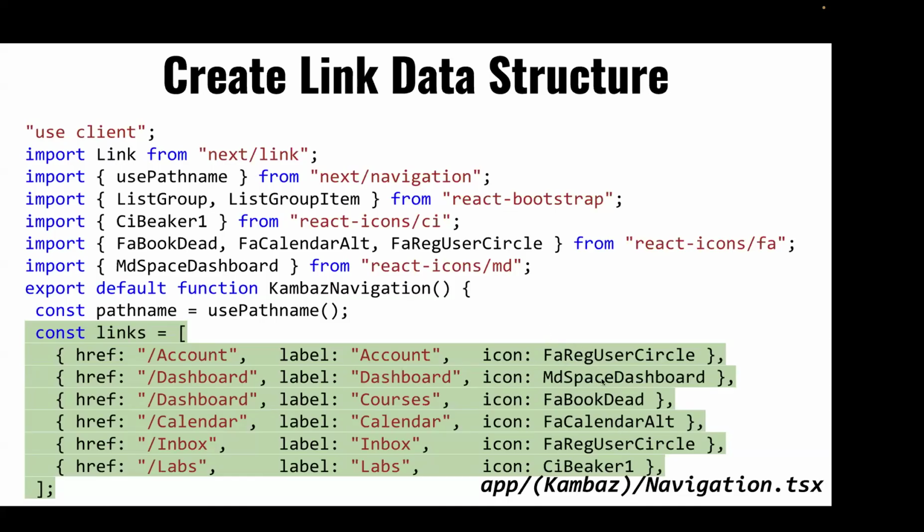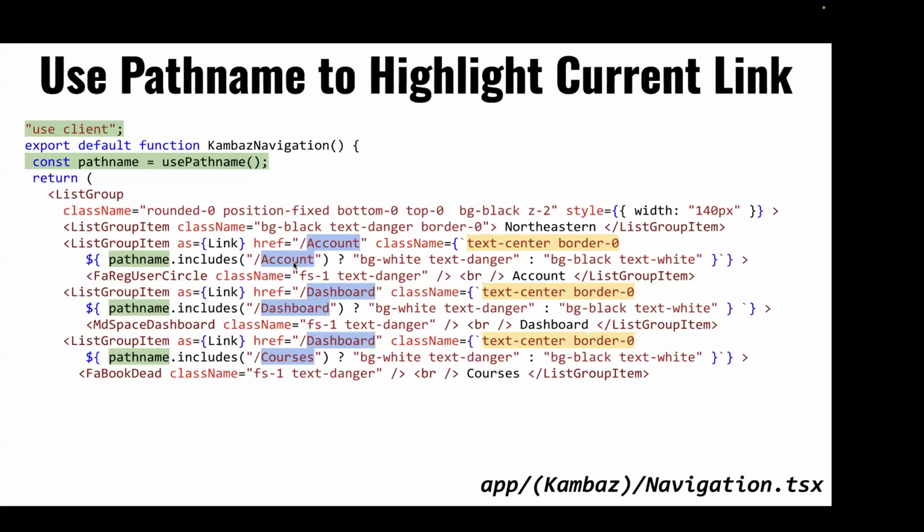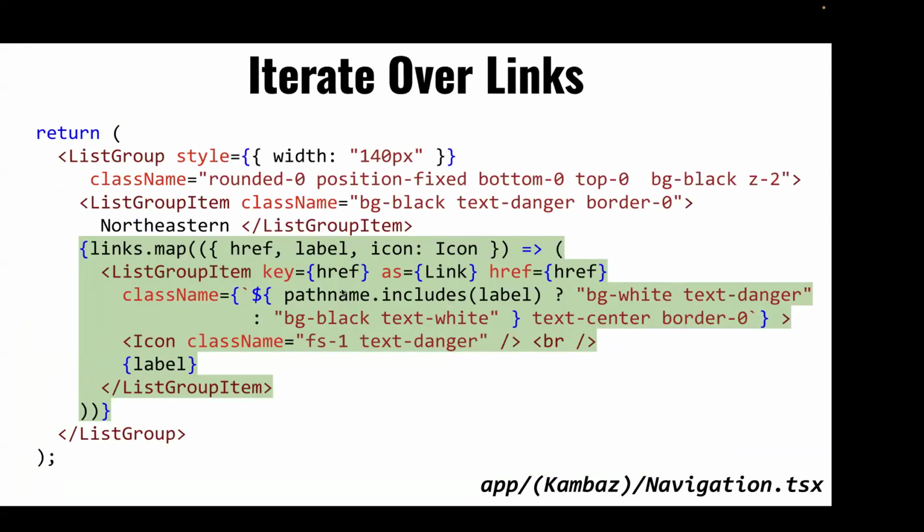So we've imported all of them into an array. And now we can collapse all these links that we had, I don't know, like 10 of them, into a single map that we can just iterate over the array and dynamically generate the list group item, and then add the logic on whether we're highlighting or not based on the label, and then we apply either red on white or white on black.